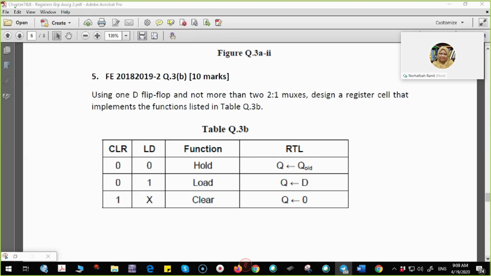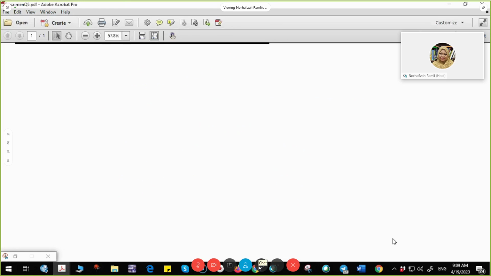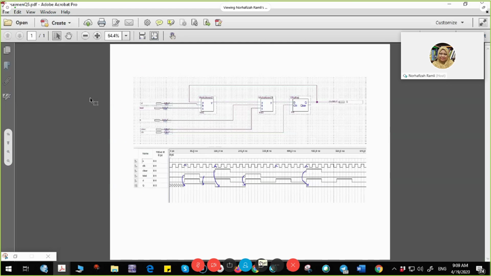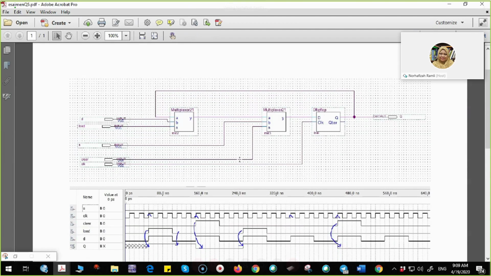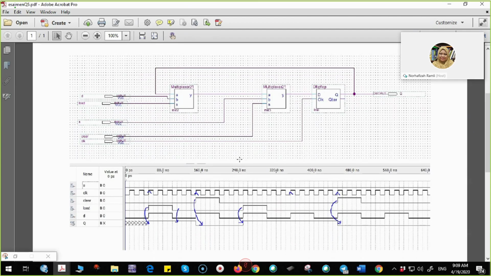Assignment again. Which one is this? Oh, this is your answer. Multiplexer, D flip-flop. So you got two 2-to-1 multiplexers. You have the D and load. This one, the selector is load, and this one, the selector is clear.